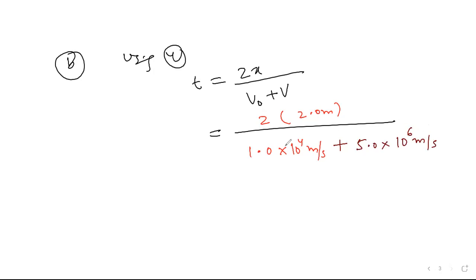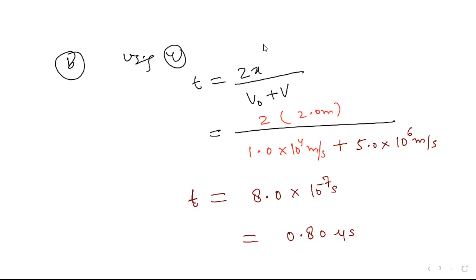When you make the calculation, you will get 8.0 into 10 raised to power minus 7 seconds, or you can write it 0.80 microsecond. So this is our answer for time.